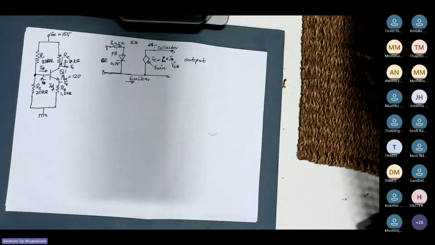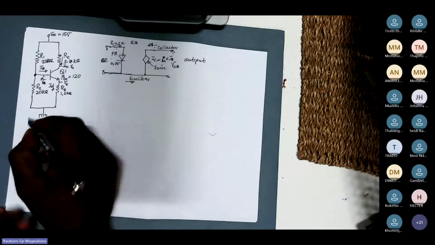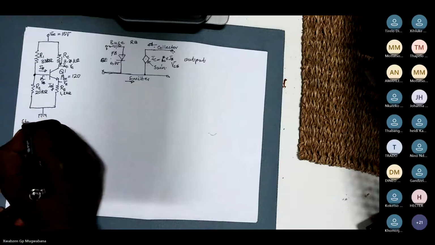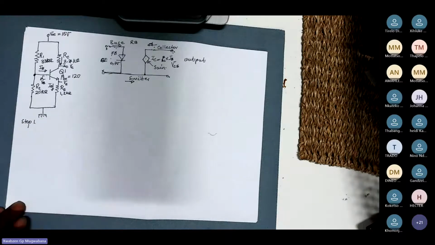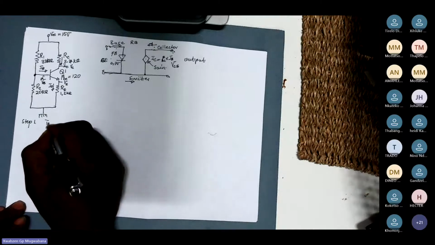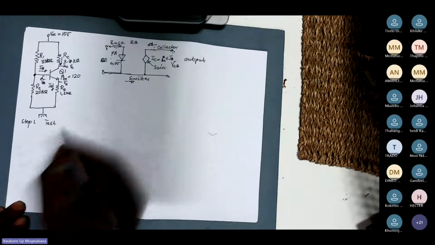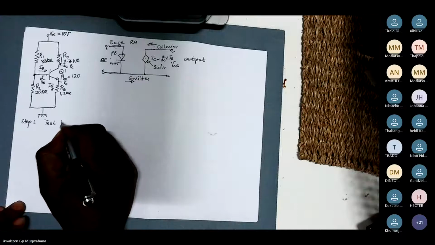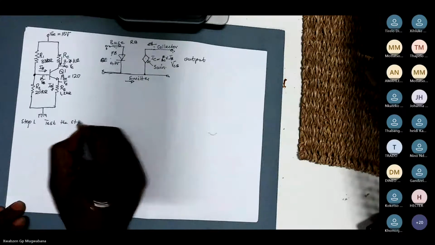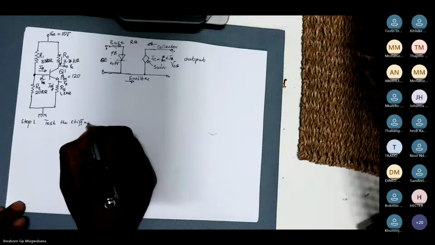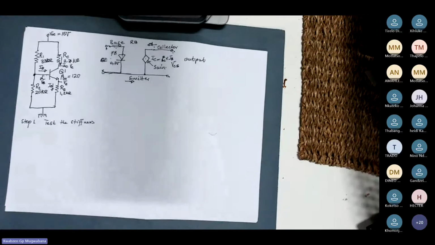Now, especially when we work with a voltage divider bias, there are steps that one needs to follow in order to do this analysis. Step one: we need to test the stiffness of our transistor.